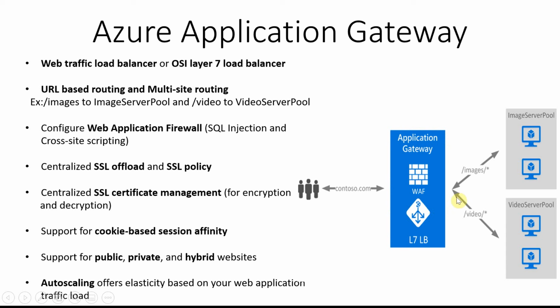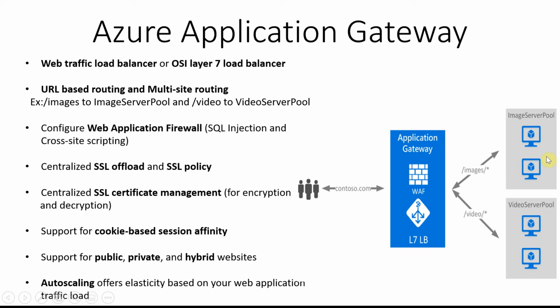If the URL contains slash images, it will be routed to the image server pool, the VMs under it. If it is video, it will be routed to the video server pool. Based on the URI, the URL subcomponent, it can route the traffic accordingly. That is a unique advantage of application gateway.